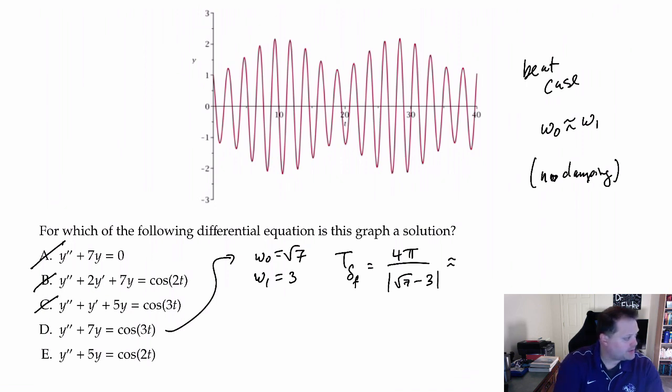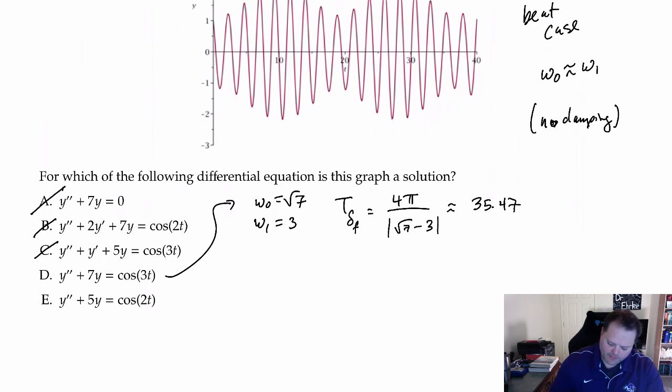All right, so this one is, I'm getting 35.47 for that one. And then this one, the frequency here is square root 5.